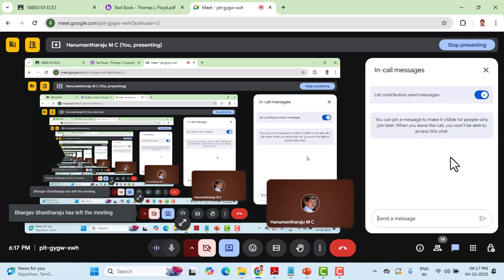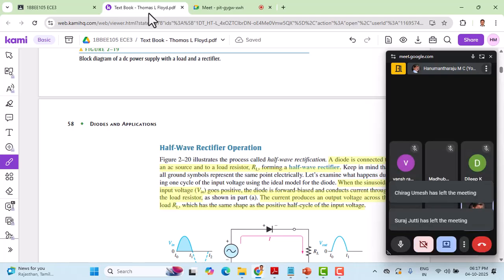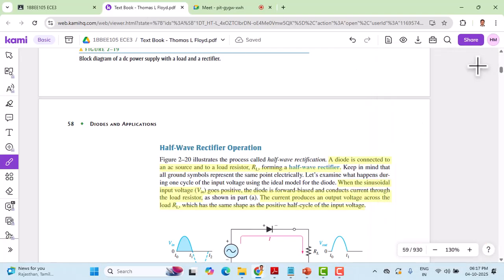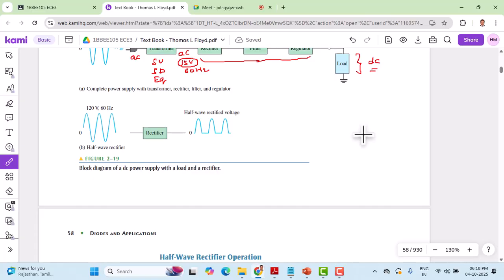I hope you all got some information or knowledge with reference to the PN junction or diode. Any questions? Any topic which you need explanation on?